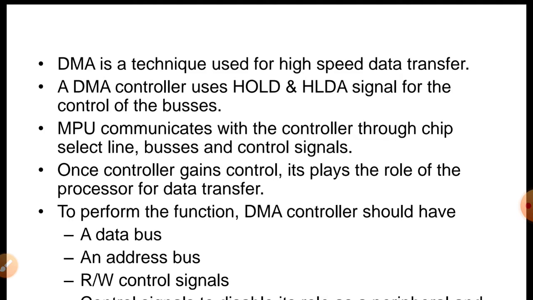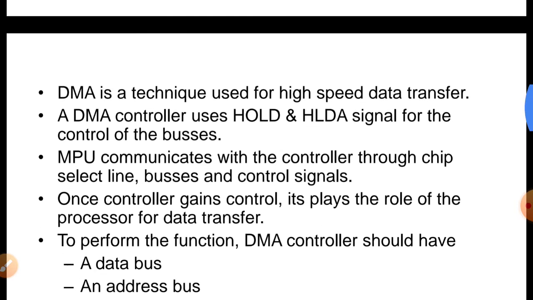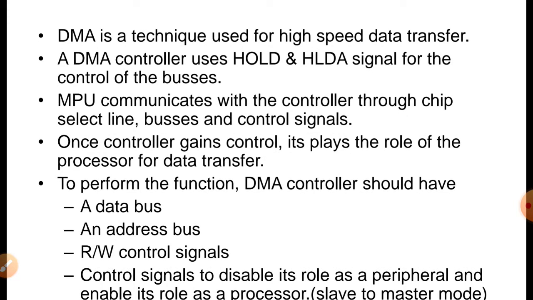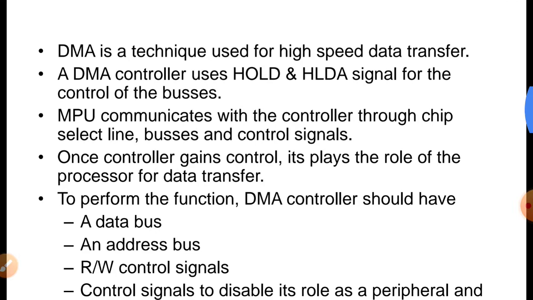The working of the hold signal is, if any device wants to request the processor that it wants to take the control of the address bus, data bus, and the control bus, then it requests by sending a high signal to the hold input of the 8085, and the processor, once it completes its current instruction execution, acknowledges that by sending the hold acknowledge signal.